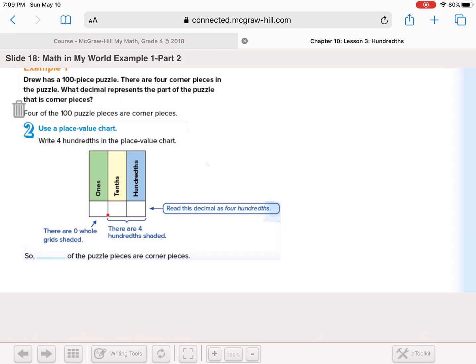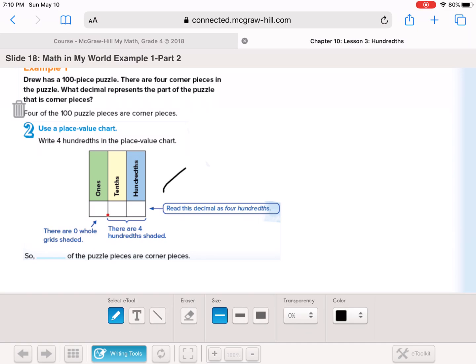So remember, the hundredths is where the pennies are, okay? The pennies are the hundredths. So right here, I want to point this out. Read this decimal as 4 hundredths. Remember I said you name the last place where the number is?